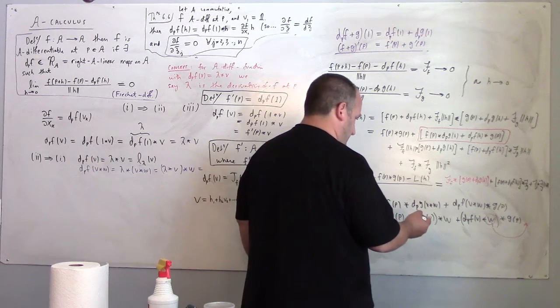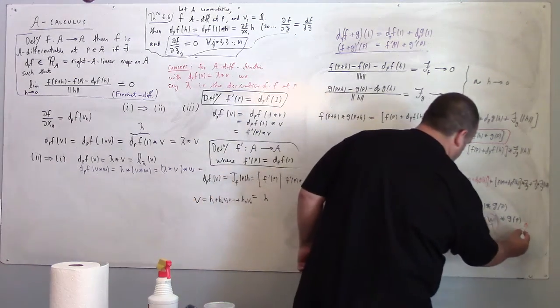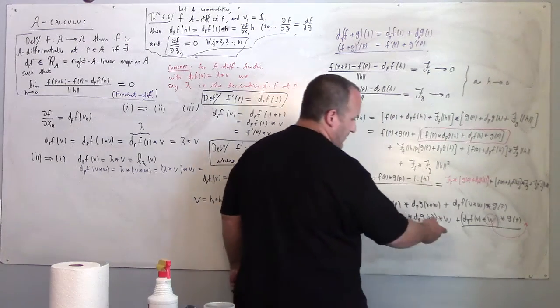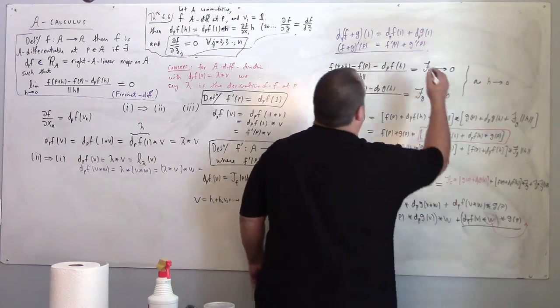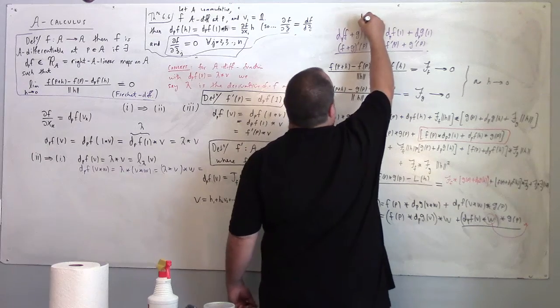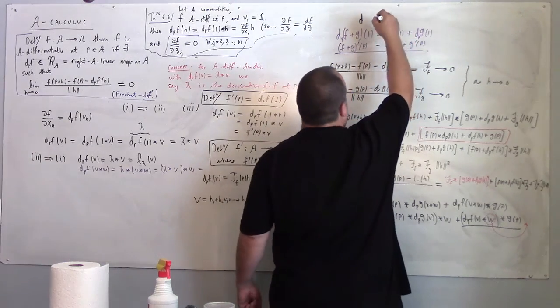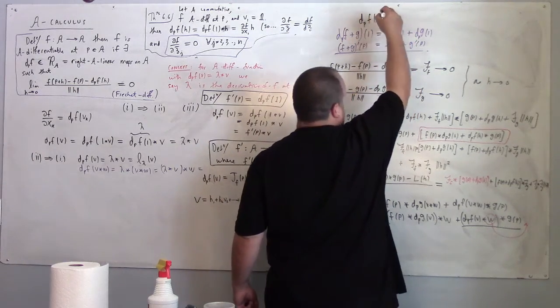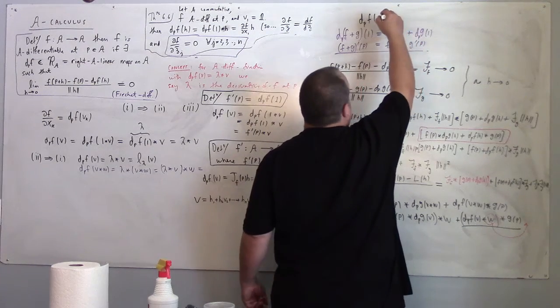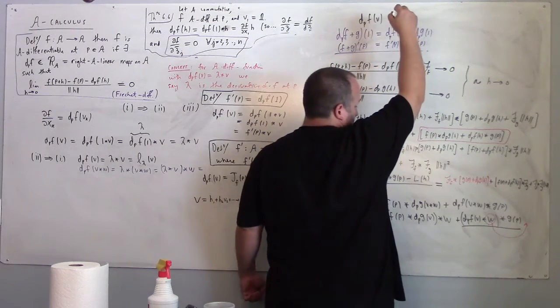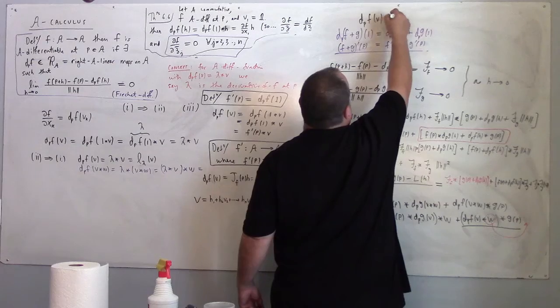What we need is for this. We can just focus on this piece and say, well, what we need is we need d_pf of v. What if w's commutative? No, wait, d_pf would have to be commutative, not w.